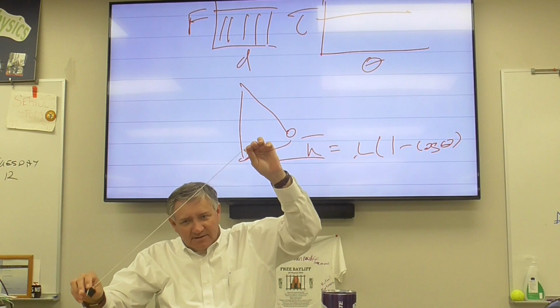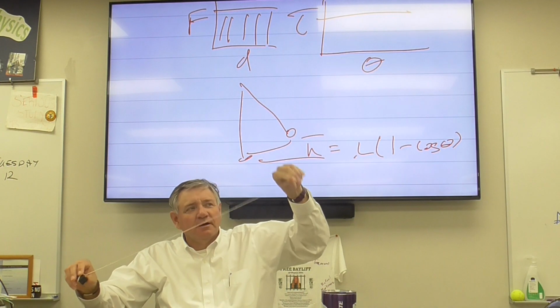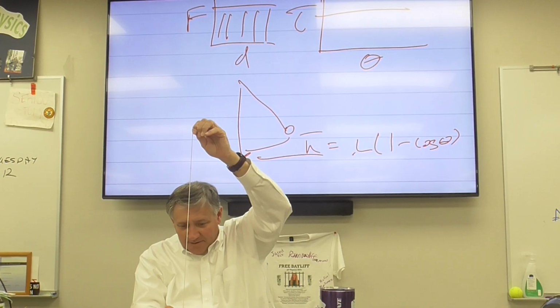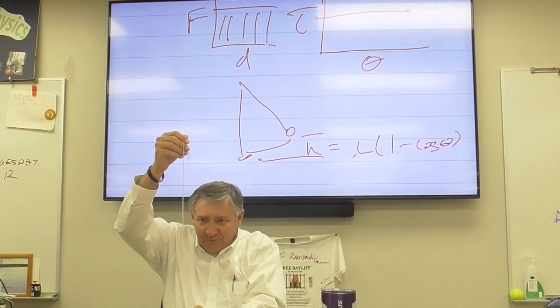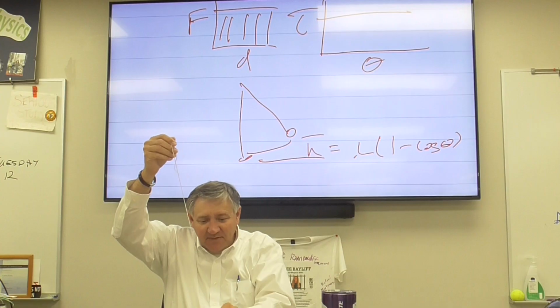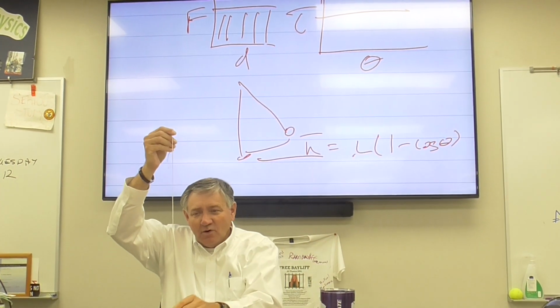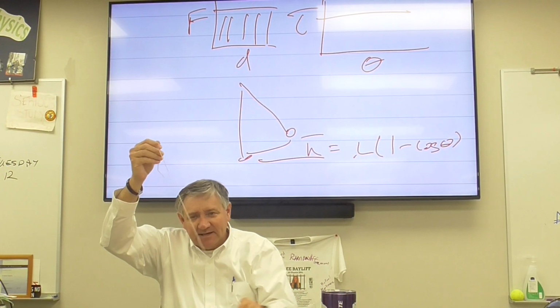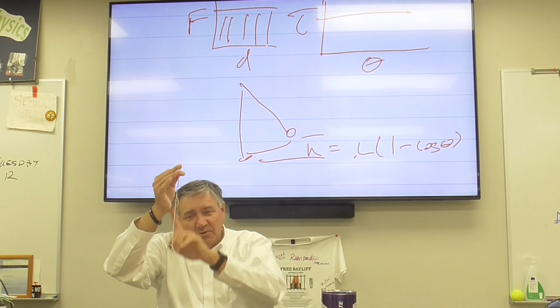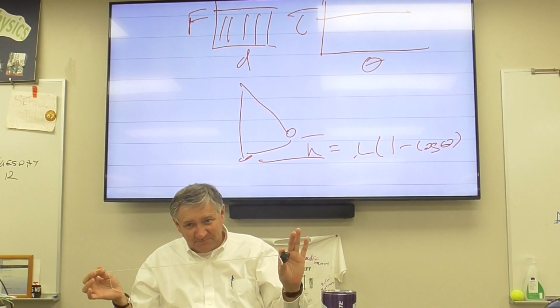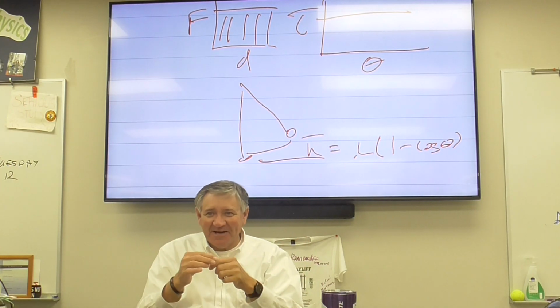It's going to hit a piece of clay at the bottom. It's going to turn into a collision problem. And then they're going to move off like this. So what you're ultimately going to try and find is the angle with the vertical when this is at its highest point.